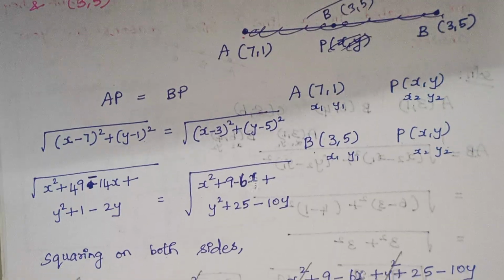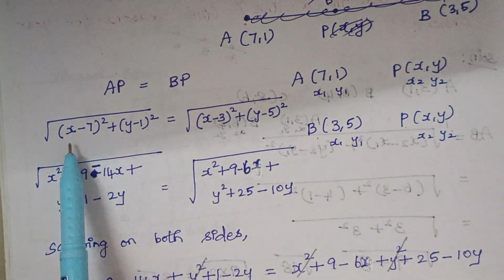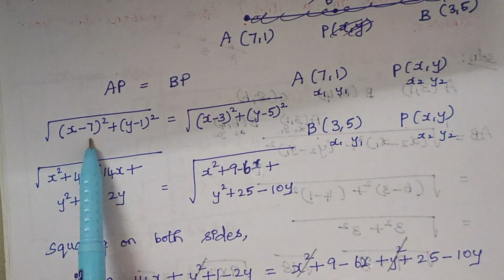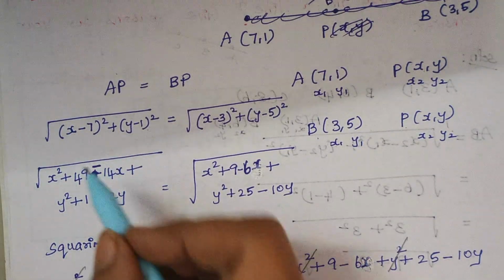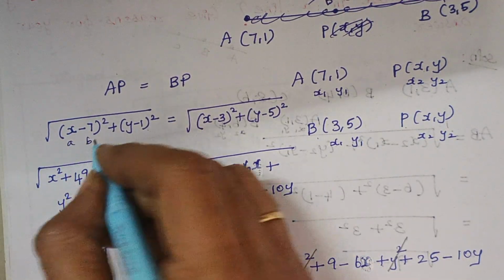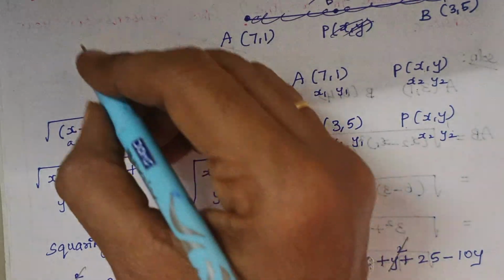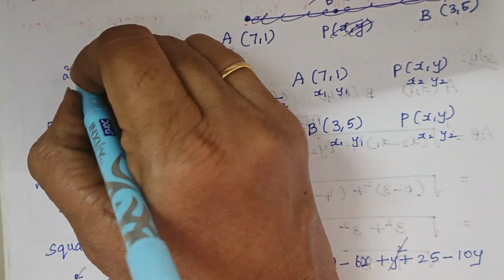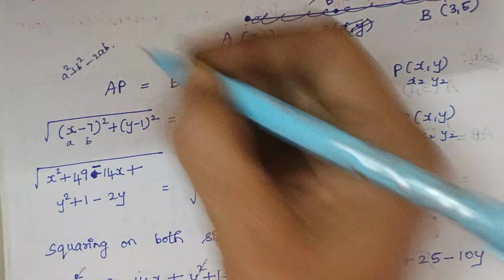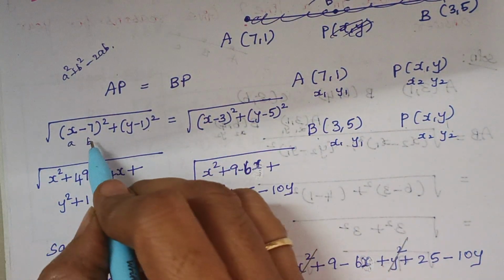So now we are going to expand. Once you expand, you see this is of the form (a minus b) the whole square. So you see a is x and b is 7. And the next thing is minus 2ab, right? When you expand, what is the formula? The formula is a square plus b square minus 2ab. So this is my a and this is my b.